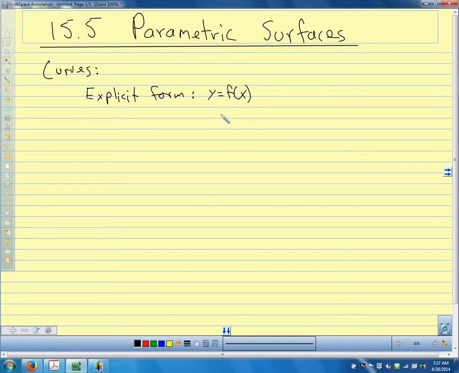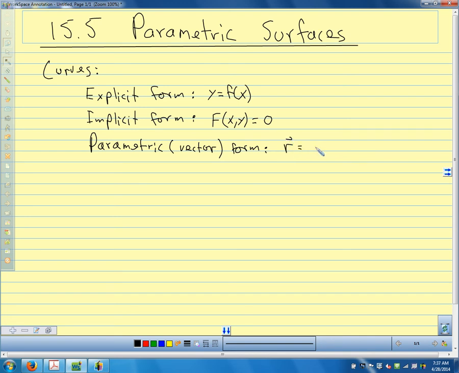And then we could have an implicit form, and that's when we have some f of x, y equals 0. And then our parametric or vector form, where we had r of t is x of t i hat plus y of t j hat.